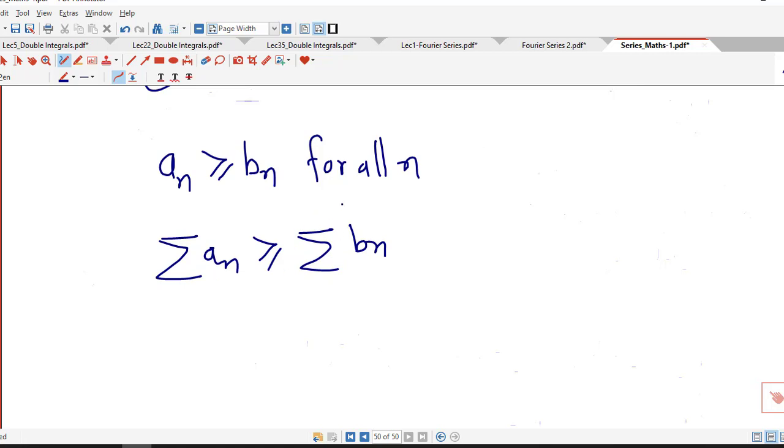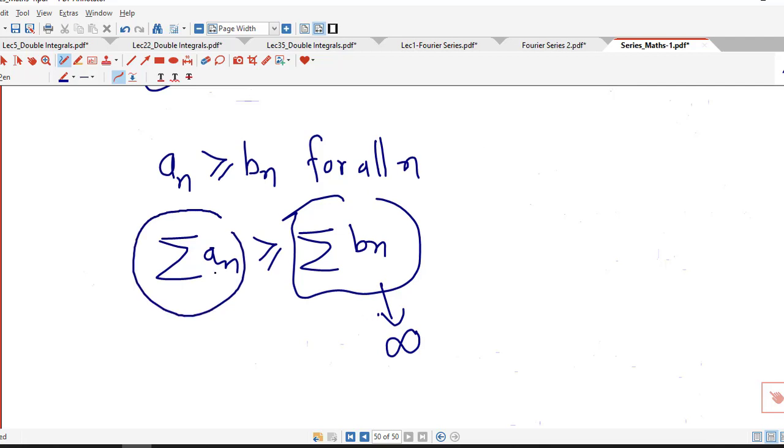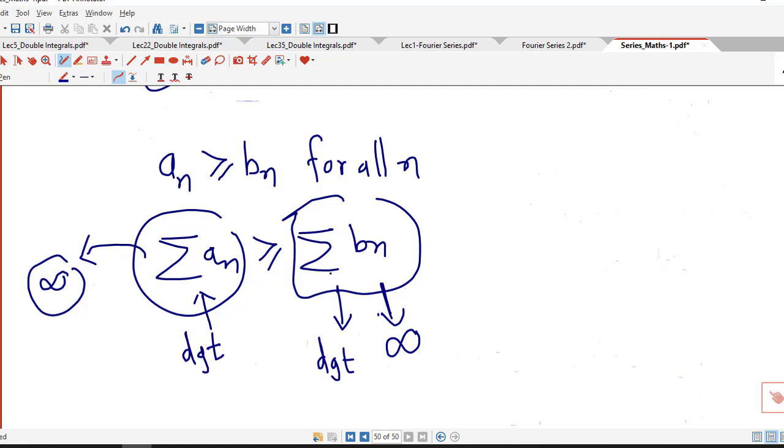In this case, if sigma bn is divergent, then this sum is infinite, and this sum is bigger than this infinite sum, so this sum also must be infinite. If a smaller sum has infinite value, the bigger sum must also go to infinity. So if the smaller series is divergent, the series sigma an, which is bigger than this series, is also divergent.